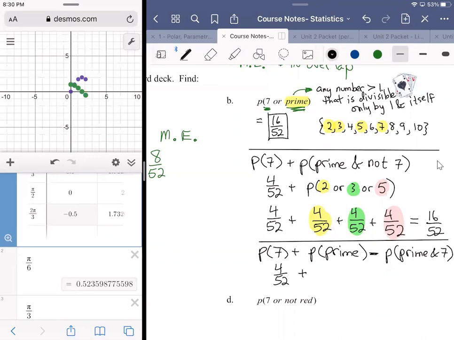The prime numbers, there's a total of 16 of them in the set. All right, so 16 cards. Now, you see that I only highlighted 4 cards, but you got to remember there's 4 cards and 4 suits.